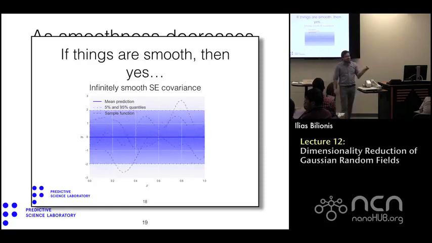There's a theorem that says that if your covariance function is continuous, then the samples you get are going to be continuous. If your covariance function is twice differentiable with continuous second derivatives, then the samples you get are going to have the same property. And if your covariance function is infinitely differentiable with continuous derivatives all the way, which is what I have here because this comes from a squared exponential, then your samples are going to have the same property.